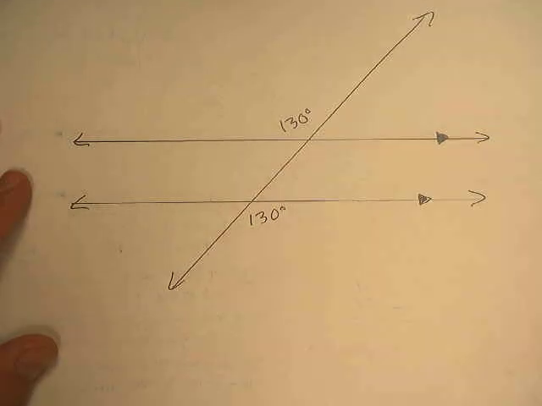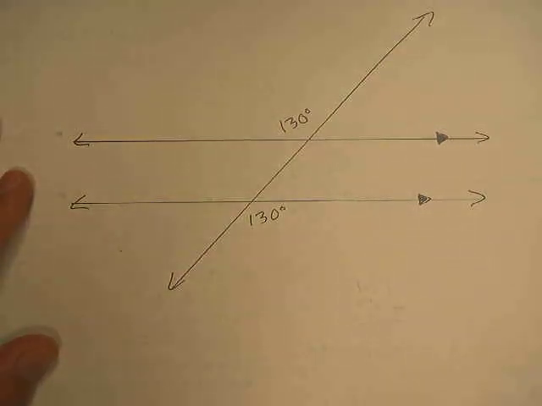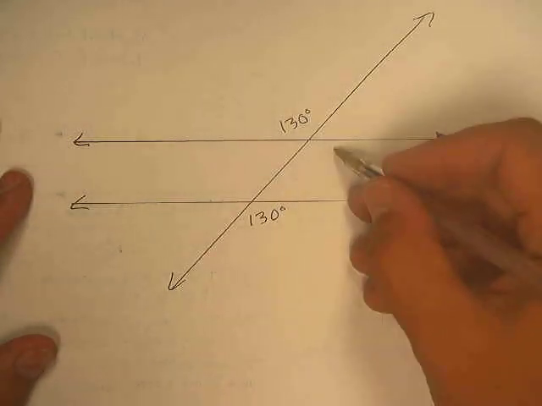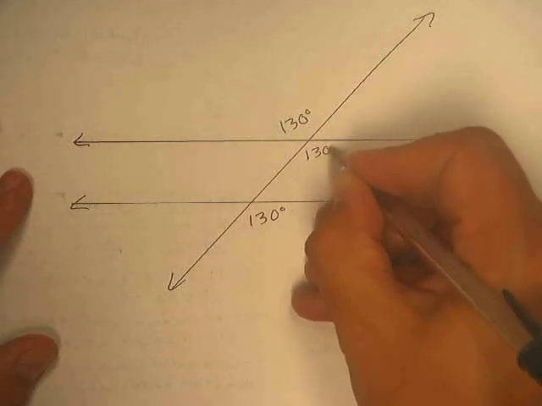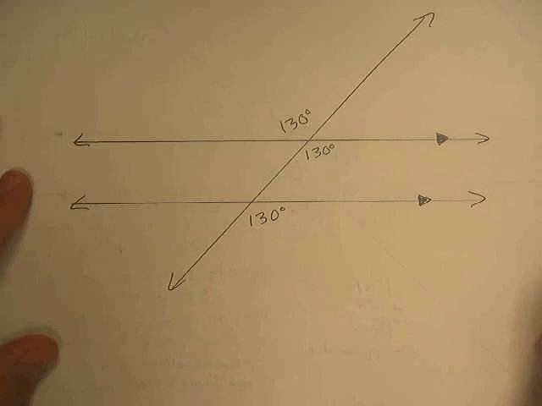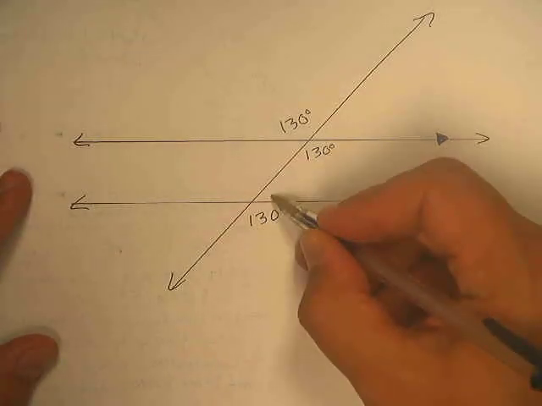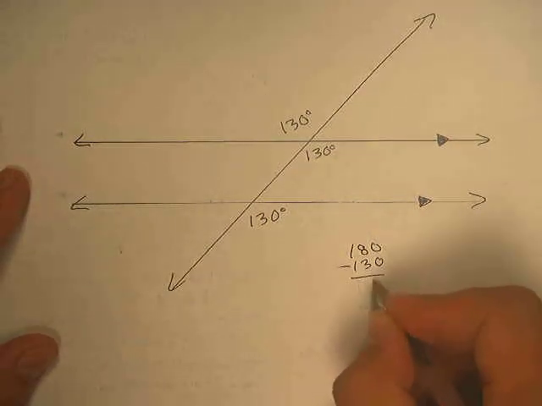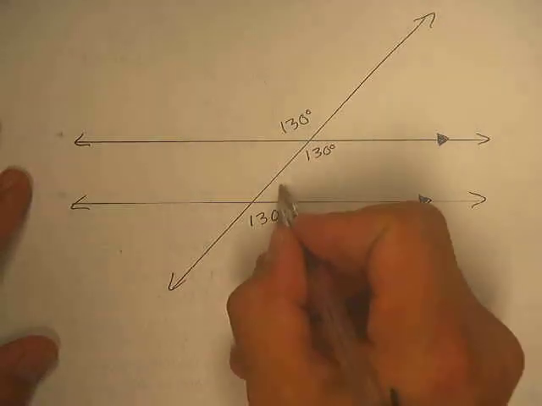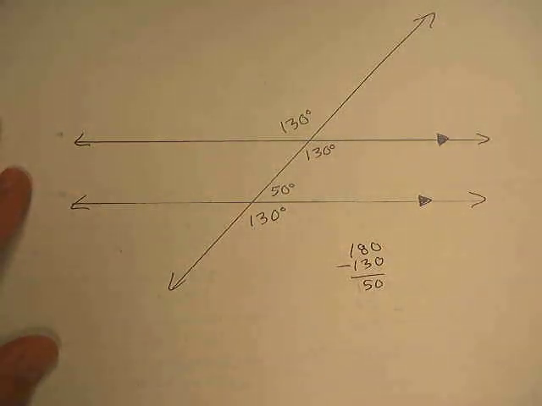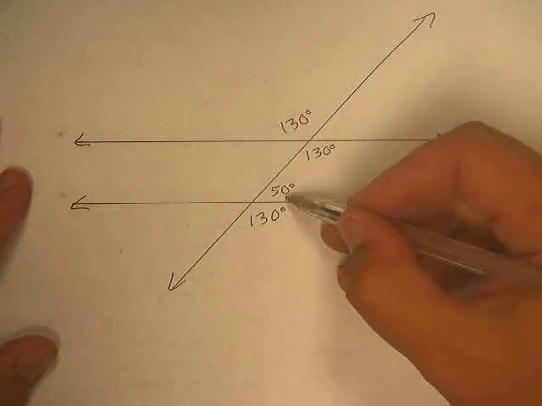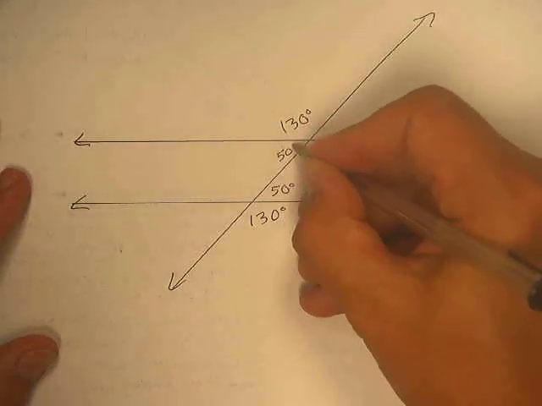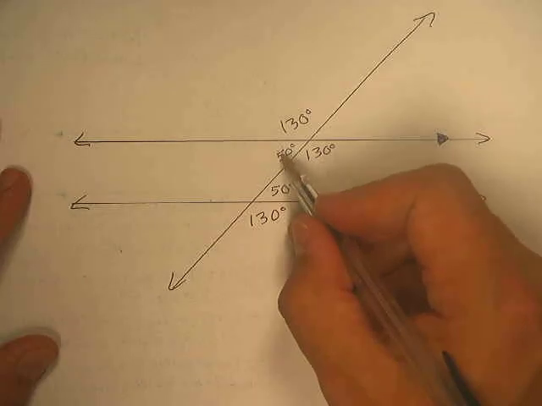All right, let's see if we can fill out other angles. Well, I know this one and this angle, these are both alternate exterior angles. They're on the outside. And we know alternate exterior angles are congruent, right? So that means this has got to be 130 degrees as well. Next, I also know that corresponding angles are congruent, and these two are corresponding, so this is 130 degrees. I know consecutive interior angles are supplementary, so if I take 180 minus 130, that gives me 50.